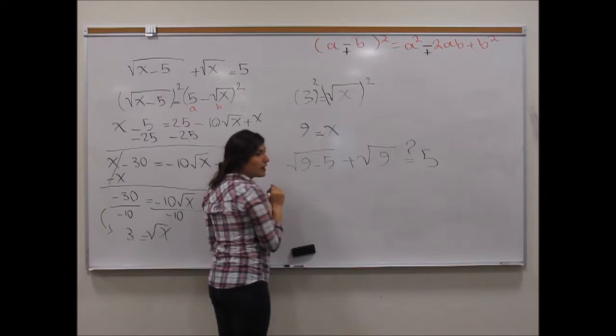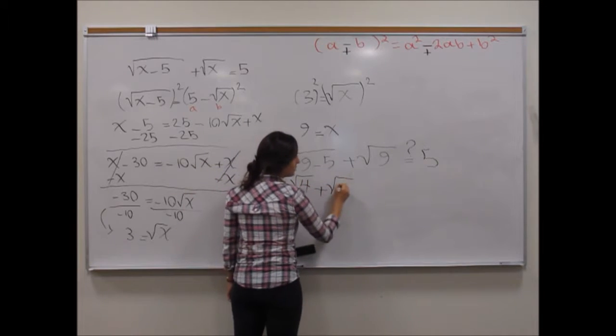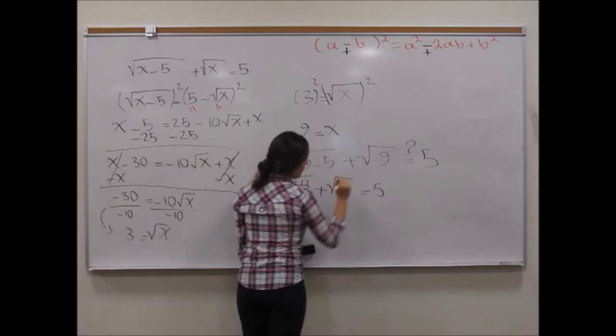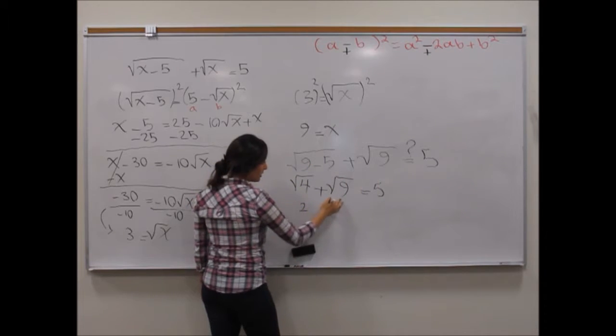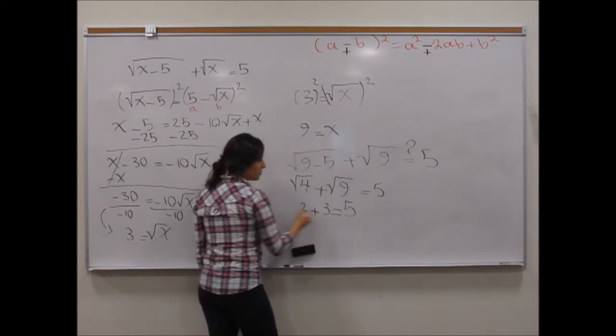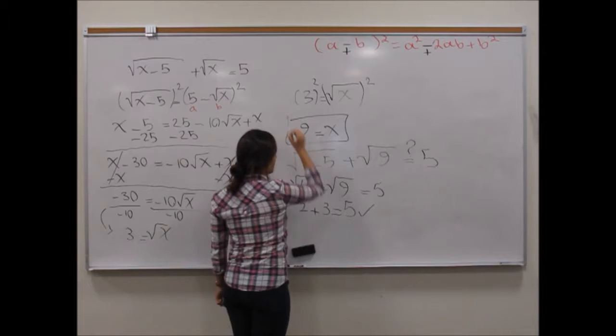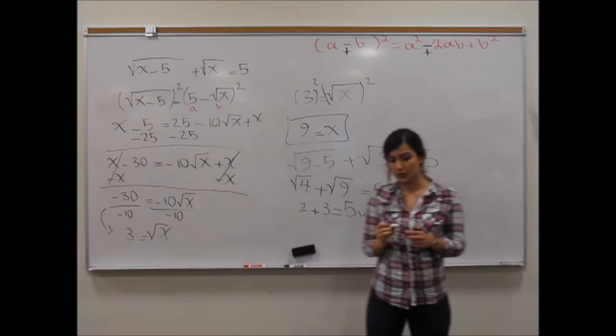So 9 minus 5 is 4. So that's rad 4 plus rad 9 equal to 5. Rad 4 is 2 and rad 9 is 3. And 3 plus 2 is actually 5, so our answer is true. And the solution of this equation is x equals 9.